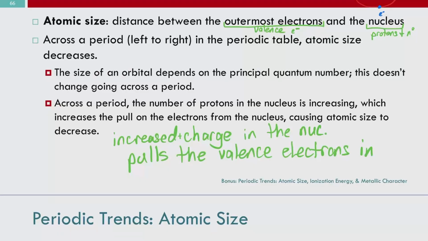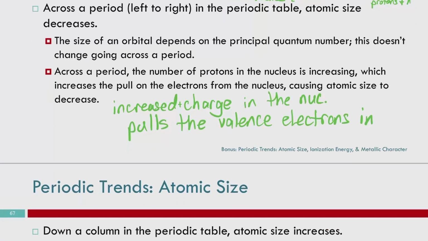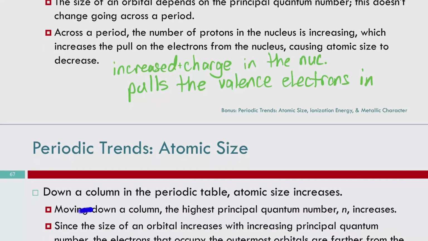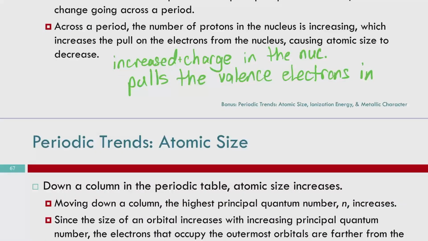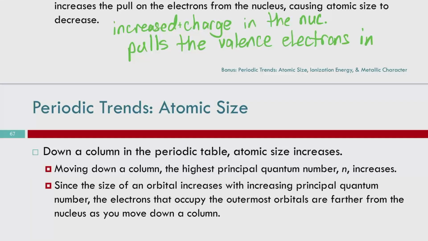The other direction that we can travel is up and down. When we move down a column or a group in the periodic table, atomic size increases. We are adding another layer of electrons on. If we're thinking about our Bohr model, we're adding another orbit on, so of course it's going to get bigger.